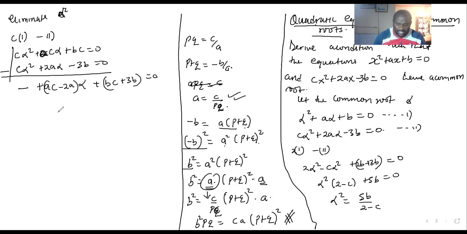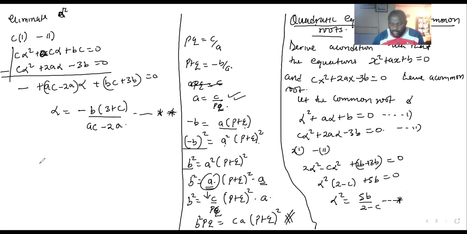Then you realize that you can get alpha as equal to negative b into (3 plus c) over (ac minus 2a). This is alpha, equation star 2, and this was alpha squared, equation star 1. When you square, what will happen?